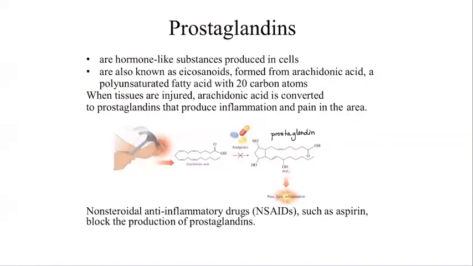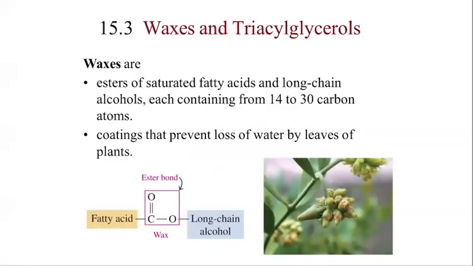So now let's explore other lipid structures that contain fatty acids in them. And the first one that we're going to explore are waxes, okay? So what are waxes? Waxes are structures in which we have one ester bond.